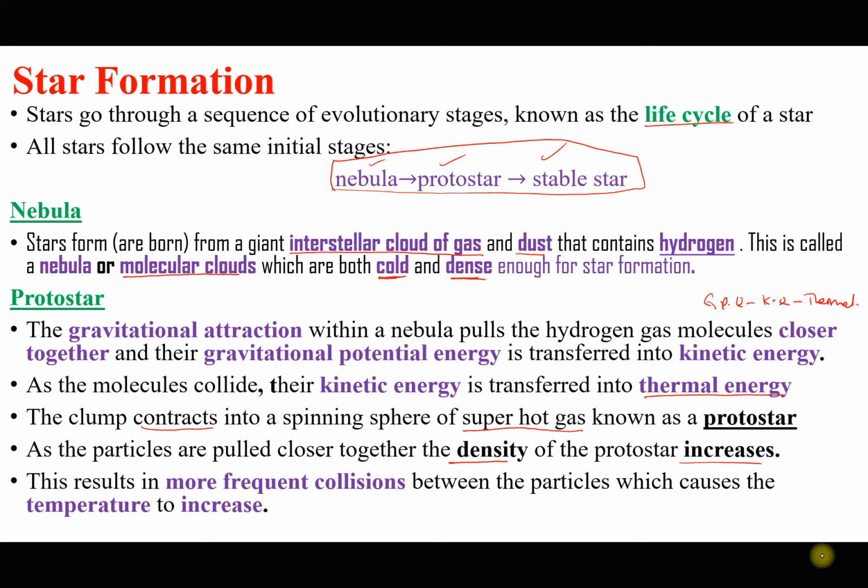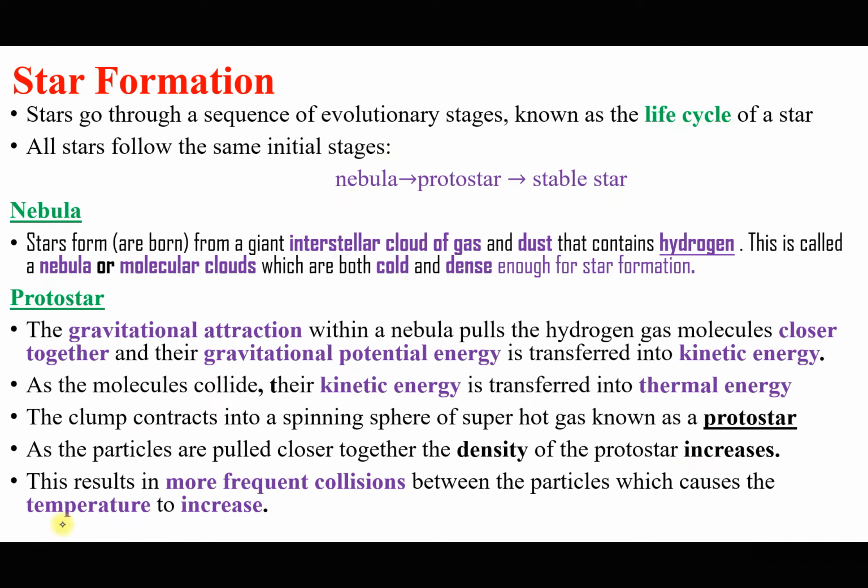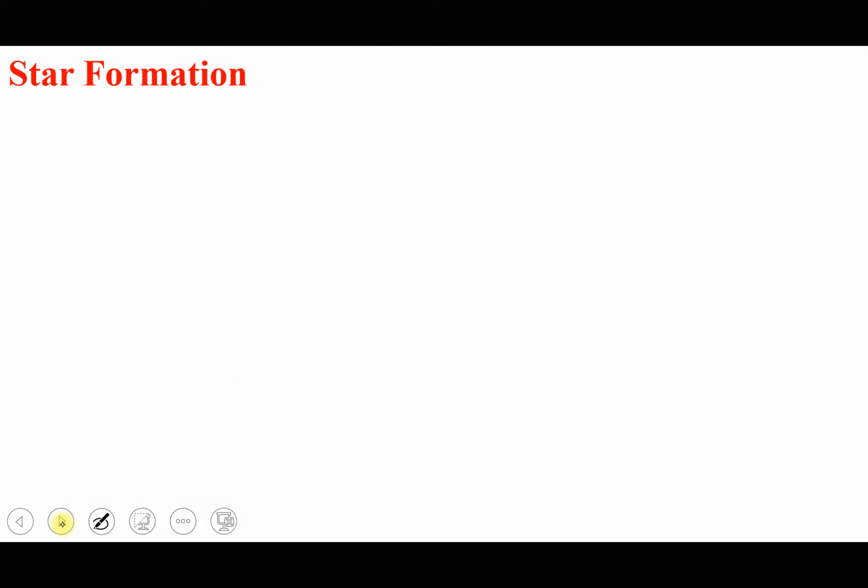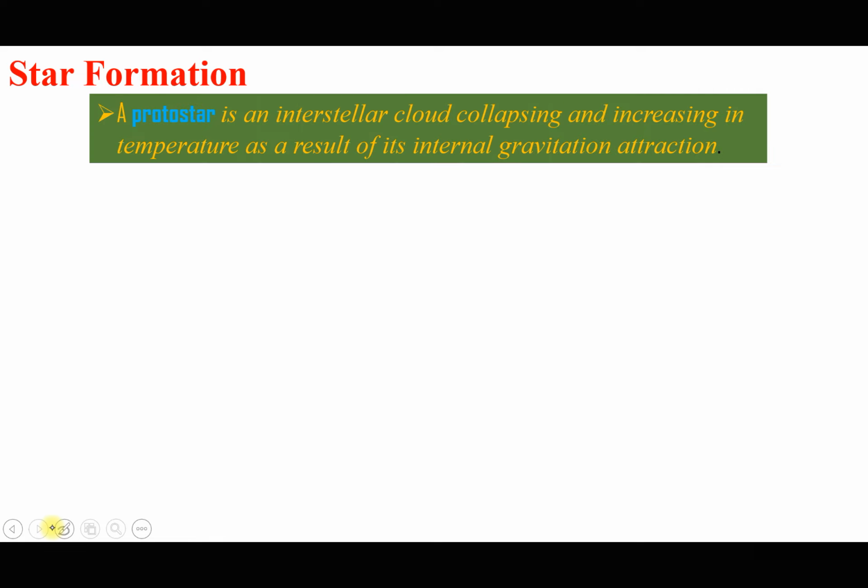So what is the next stage of star formation? After the protostar, some forces must be balanced for us to come up with a stable star. Remember I said a protostar is an interstellar cloud collapsing and increasing in temperature as a result of its internal gravitational attraction.